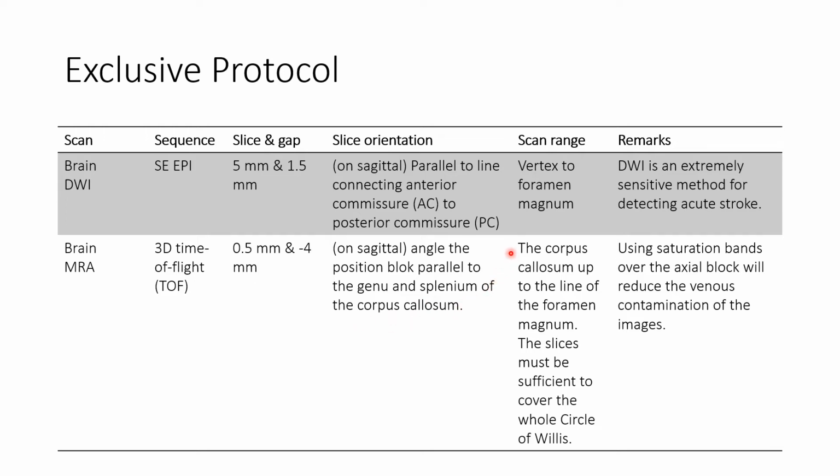The scan range for the MRA is from the corpus callosum up to the line of the foramen magnum. So the slices must be sufficient to cover the whole of the circle of Willis. For the MRA brain, we must use the saturation bands over the axial block to reduce the venous contamination of the images.